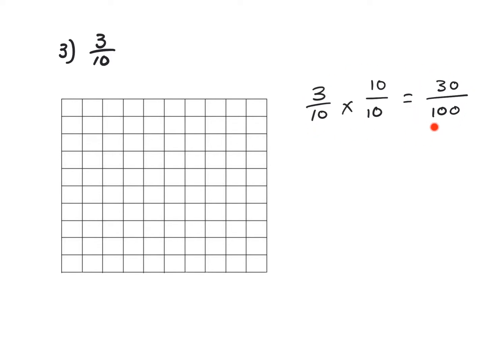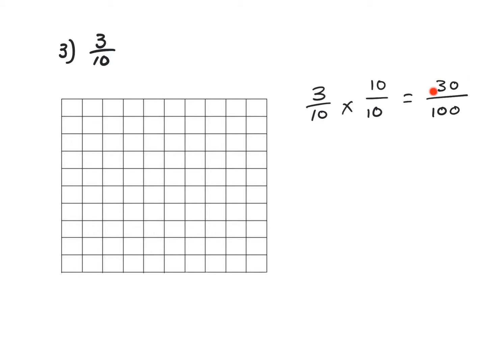Now hopefully you recognize that 30 over 100 is an equivalent fraction to 3 over 10.